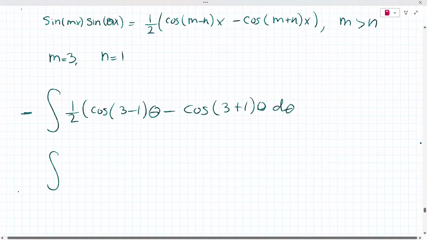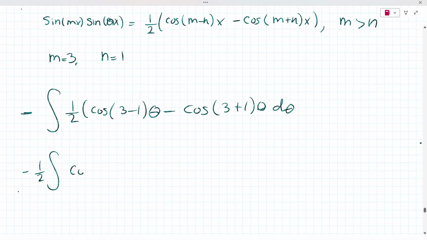Okay, so 1/2 is a constant, so you can put that in front, and then you have a negative. So it's going to be cosine of 2 theta minus cosine 4 theta d theta, right?